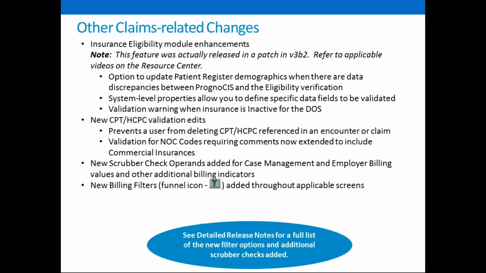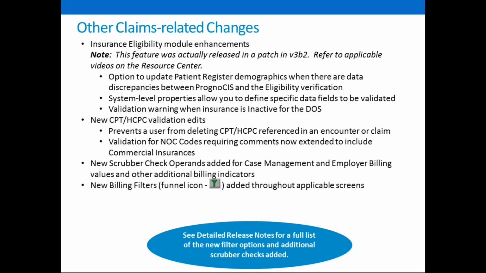The patient may be right and the insurance wrong. So it gives you the opportunity of making the decision when there's a discrepancy. There's properties, of course, that I mentioned that allow you to define the specific data fields, and then if you want the update to occur automatically or if you want to see them on a report and manually make the change. Also, the eligibility identifies when the payer is inactive for the specific date of service you're validating for.